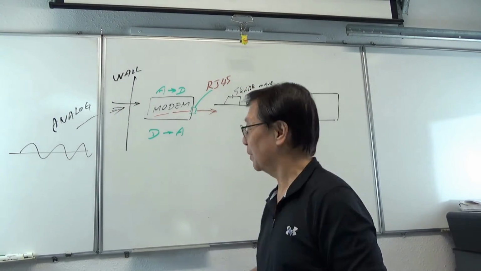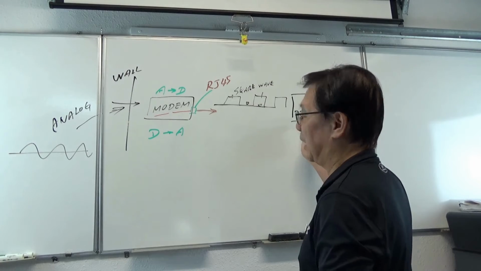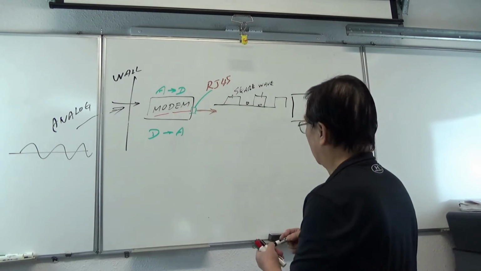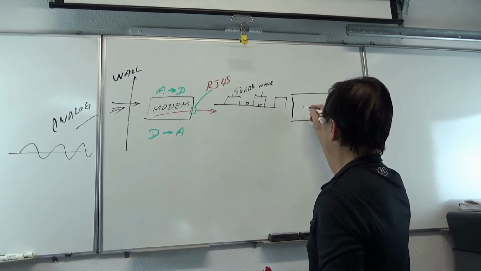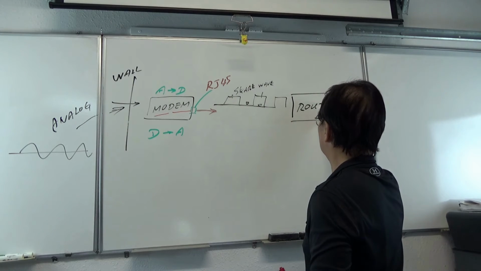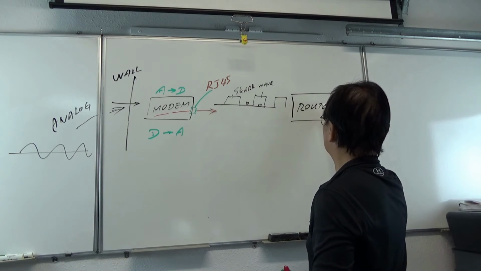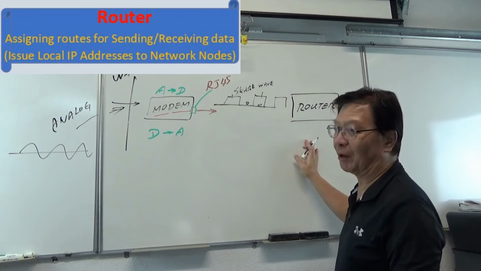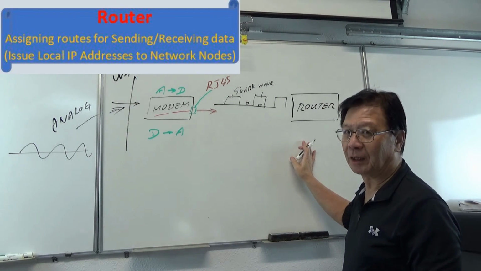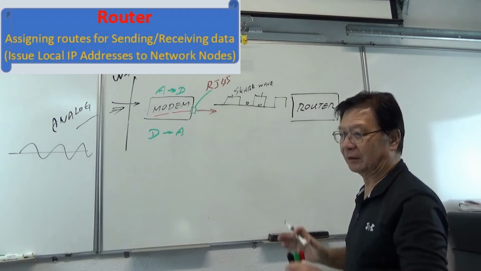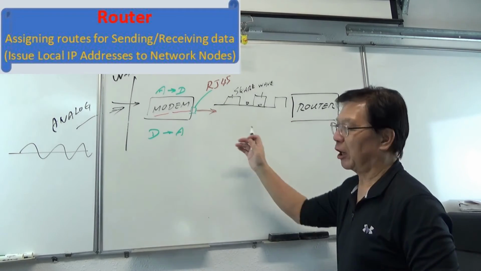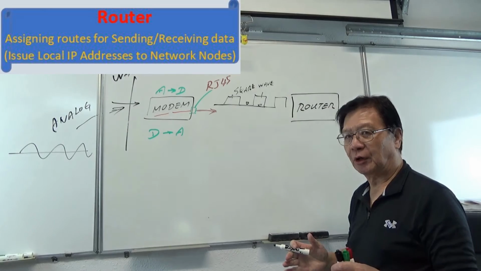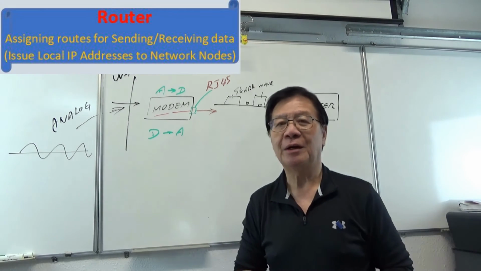Okay, let's continue. After getting to this end, we need another item, and this item is a router. What is the router used for? It's for spreading one channel to many channels or many addresses.